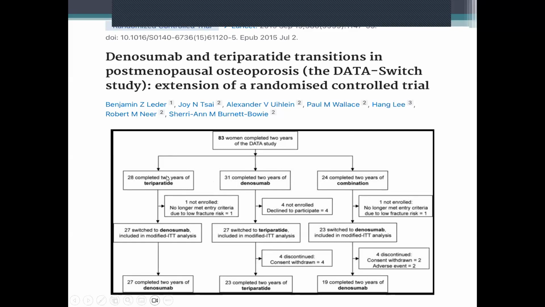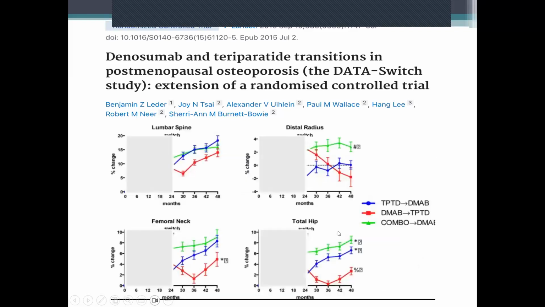So after 2 years of teriparatide, they switched to denosumab. After 2 years of denosumab, they switched to teriparatide. And then combination therapy, they just switched to denosumab.